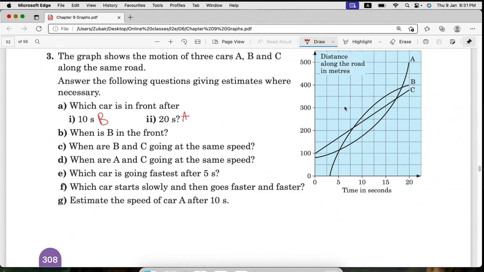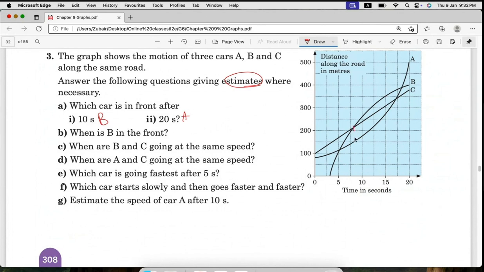How long is it in front? Just the time. Probably the earliest... You can just make a guess.